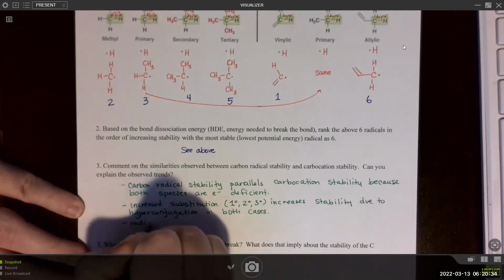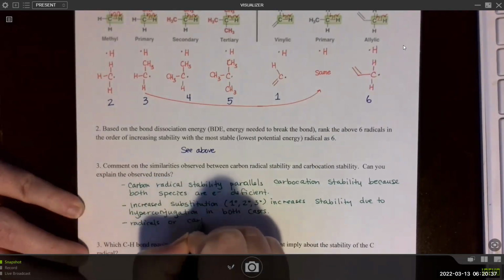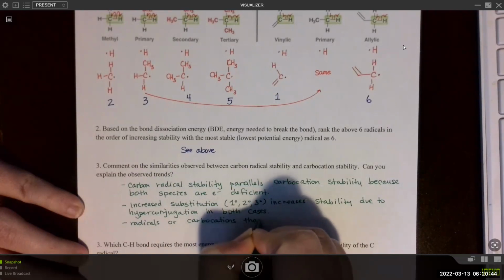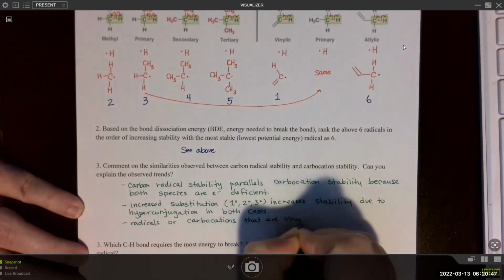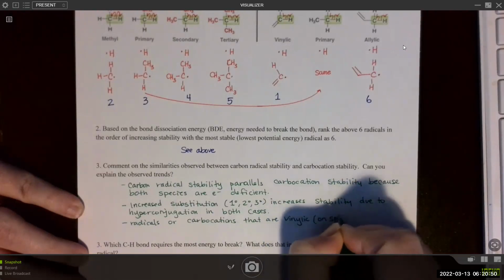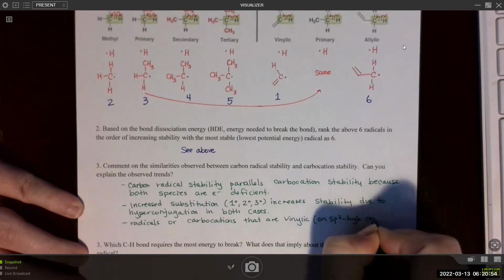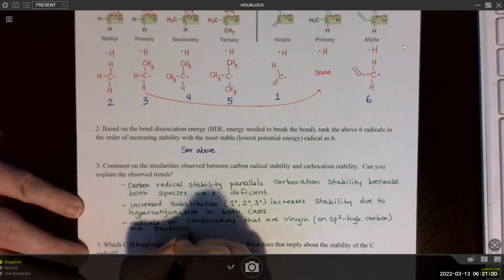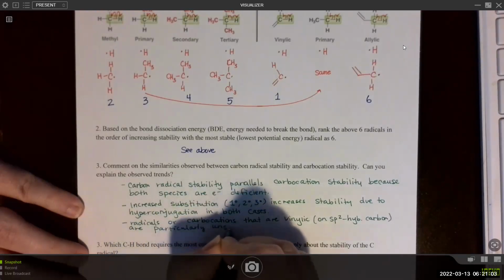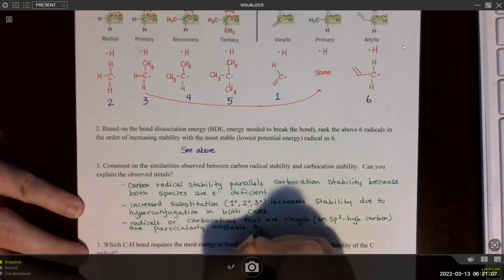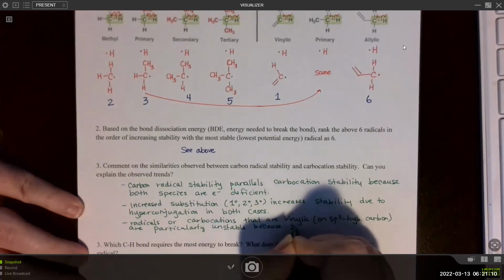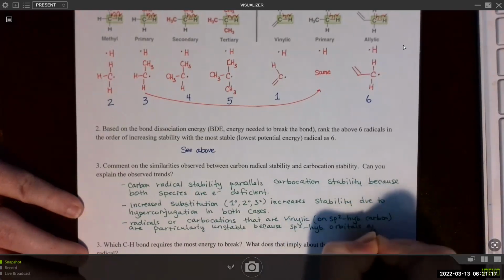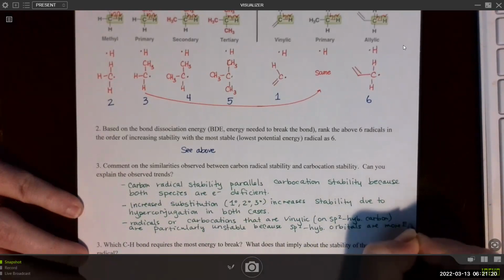So radicals or carbocations that are vinylic, or on an sp2 hybridized carbon, are particularly unstable because sp2 hybridized orbitals are more electronegative.